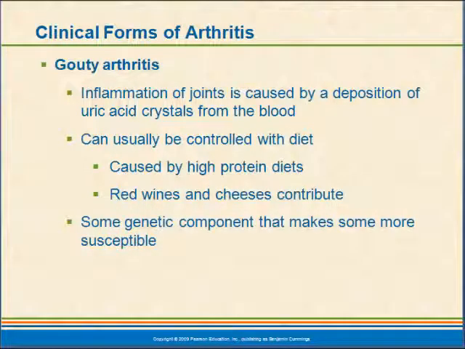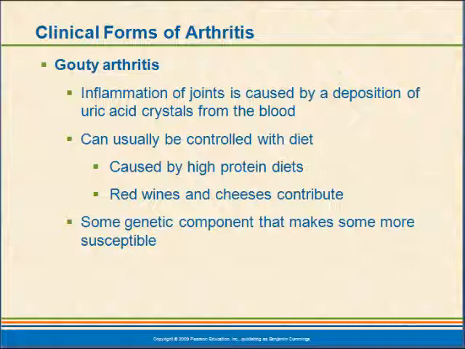Gouty arthritis is basically a lifestyle kind of issue. We get inflammation of joints caused by deposition of uric acid crystals from the blood. Now, uric acid is a breakdown product of proteins. So if you have a high protein diet, you can have higher uric acid levels.